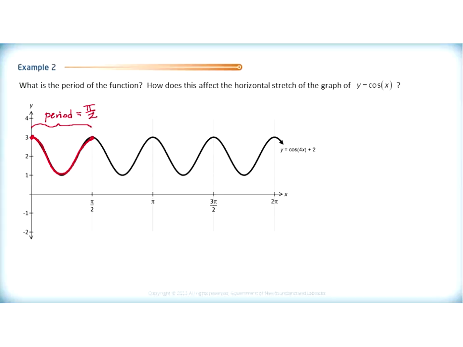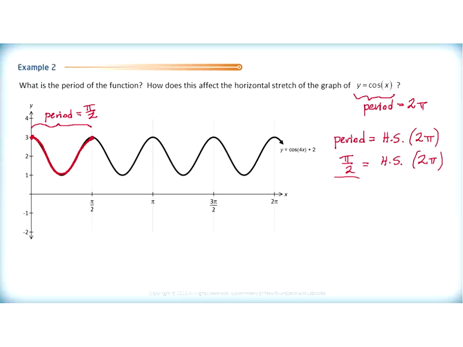Now, how does this affect the horizontal stretch of the graph of y equals the cosine of x? The normal period for the graph of cosine is equal to 2 pi radians. So in this case, the period of your graph will equal the horizontal stretch multiplied by 2 pi. So pi over 2 equals the horizontal stretch multiplied by 2 pi.